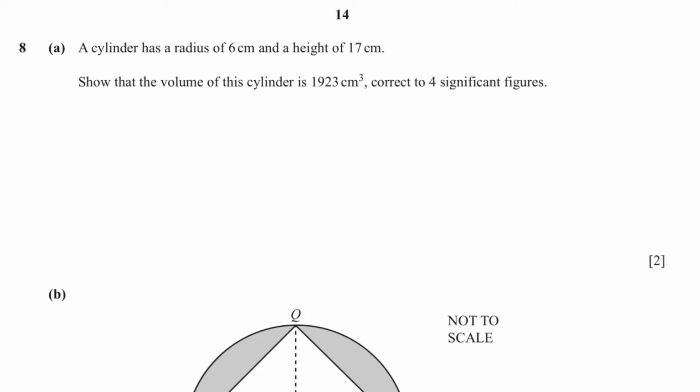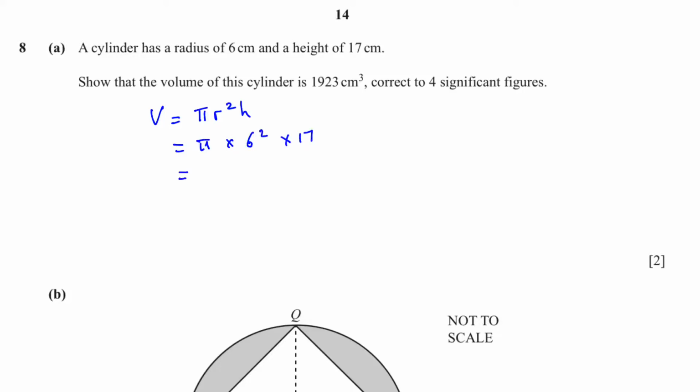8. A cylinder has a radius of 6 cm and a height of 17 cm. Show that the volume of this cylinder is 1923 cubic centimeters, correct to 4 significant figures. So here we are going to use the volume of a cylinder formula, which is pi r squared h. Replace r by 6 and h by 17.